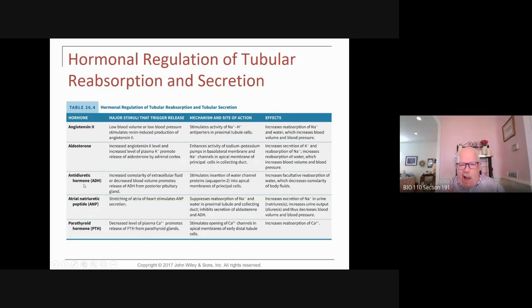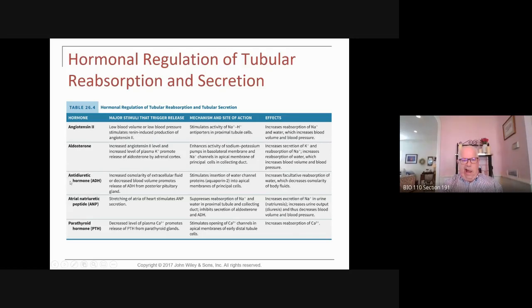There is one drug that will consistently stimulate the inhibiting effect of ADH. Does anyone know what drug inhibits ADH?